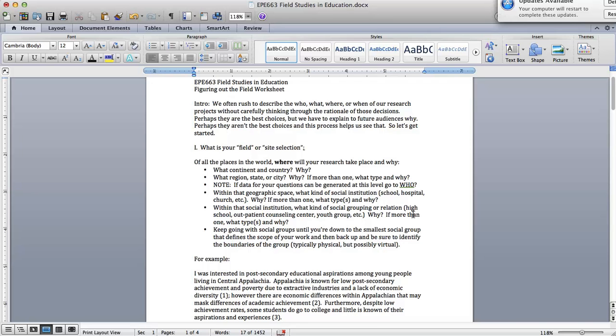So within a social institution, if I was studying faculty in higher education, am I narrowing it down to faculty in the College of Education? Or am I narrowing it down by discipline to soft and hard disciplines?